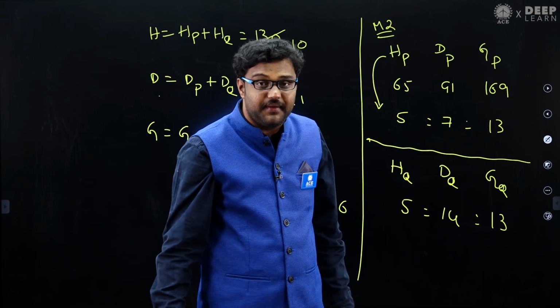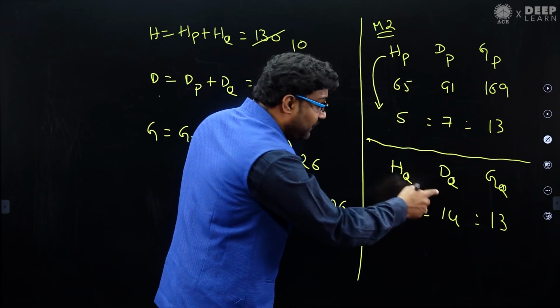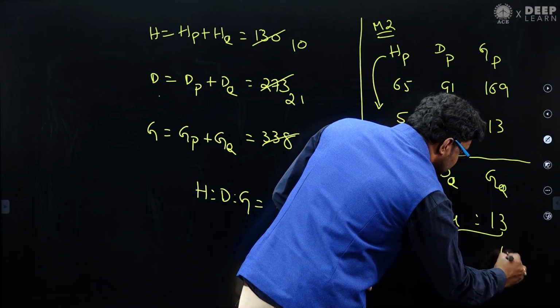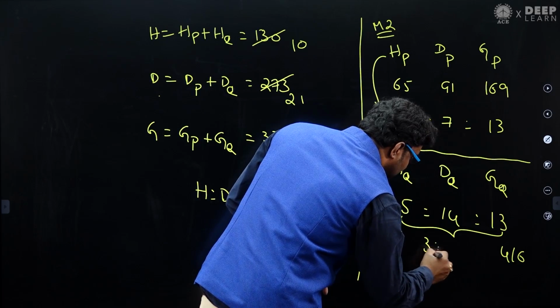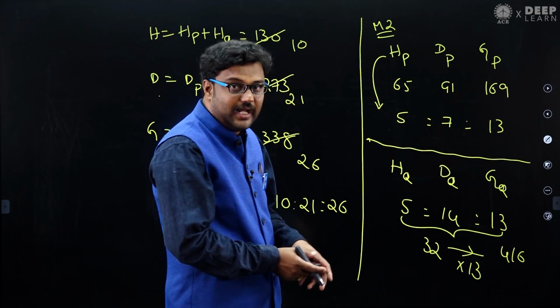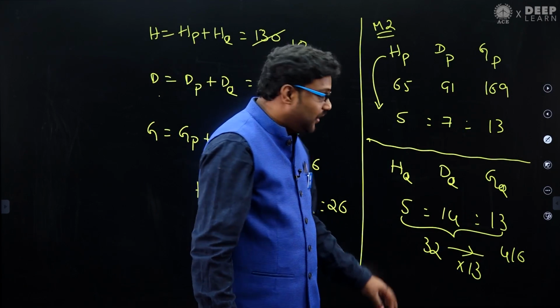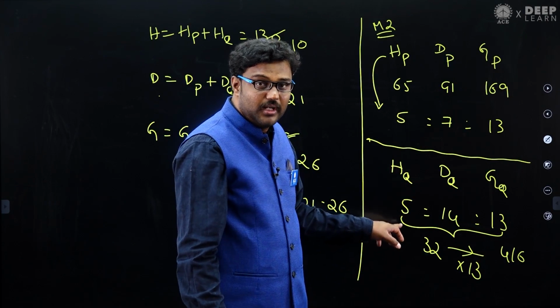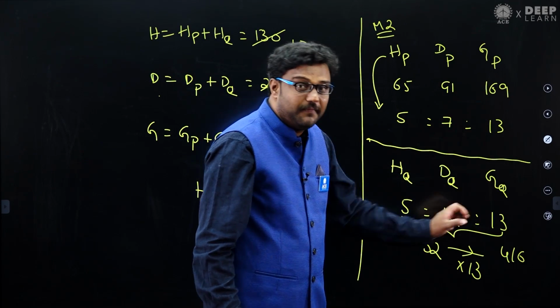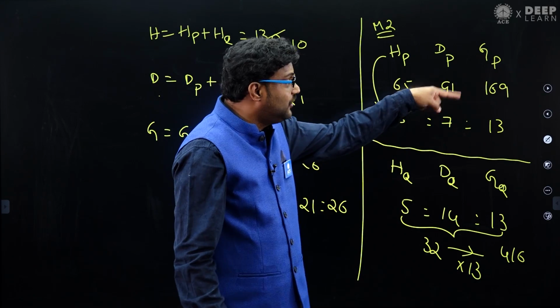This ratio is 5, 7 and 13. Here the ratio is 5, 14 and 13. But if you want the total 416, you are multiplying with 13. Every term we should multiply with 13 to find how many from form Q. Here also this is into 13, right?